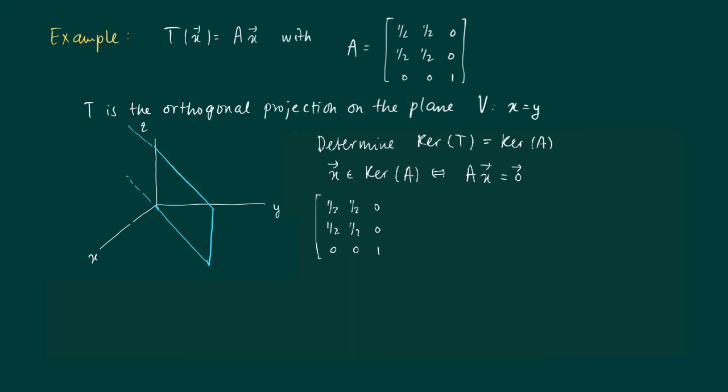So we form the augmented matrix with A on the left side and the 0 vector on the right. And we use Gauss-Jordan elimination to arrive at a reduced row echelon form, which is in this case given by the matrix 1, 1, 0, 0, 0, 0, 1, 0, and 0, 0, 0, 0.